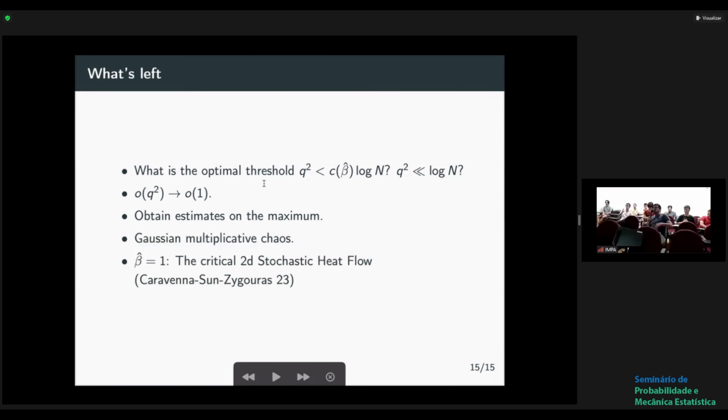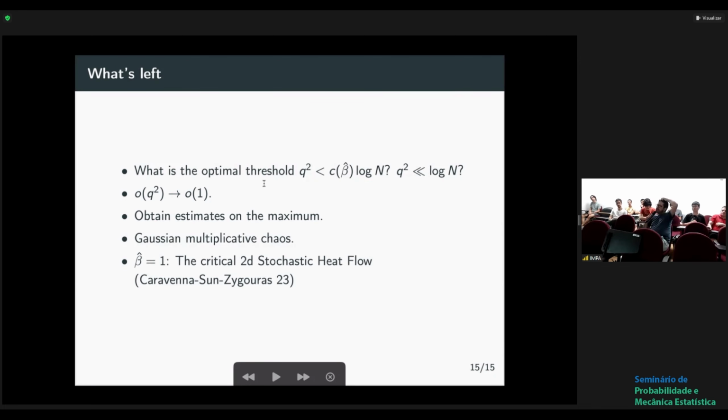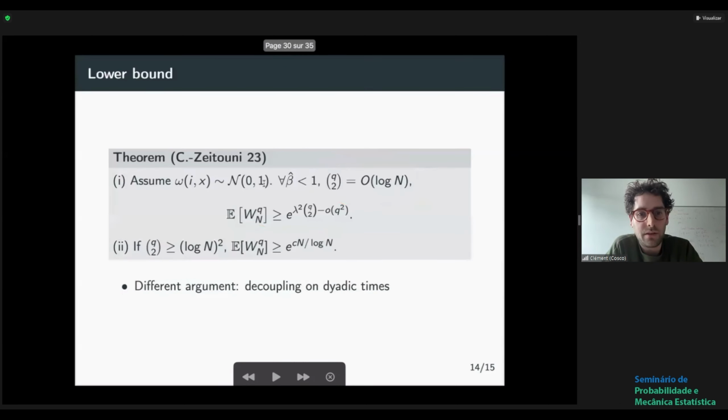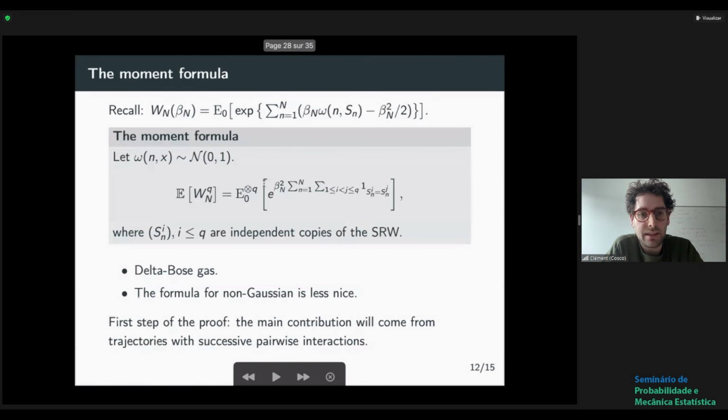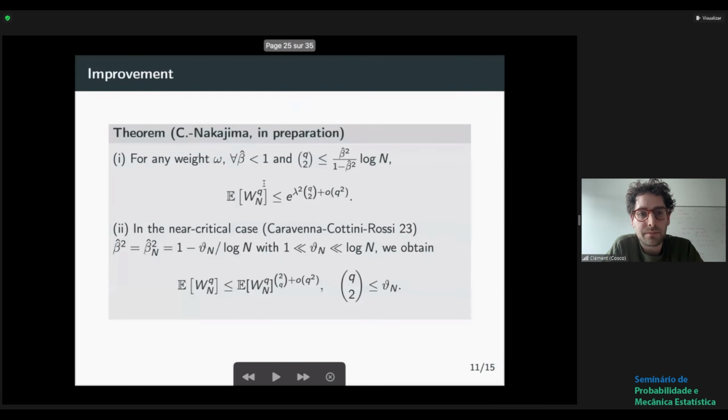Quick question about the law of the variance. So you said that you were considering Gaussian at the beginning, but what about changing Gaussian for other laws? Yes, so that was what I briefly mentioned here. In this work we really don't need the Gaussianity anymore.